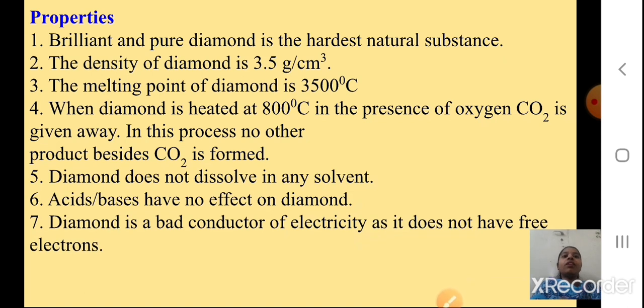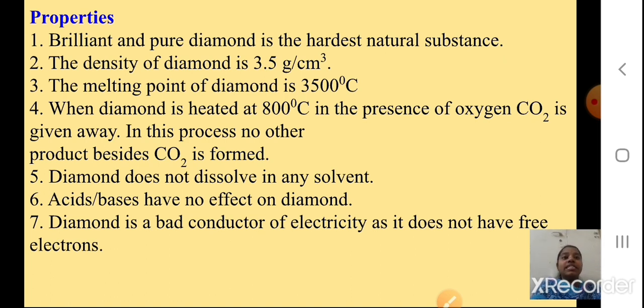So what are the properties of the diamond? Brilliant and pure diamond is the hardest natural substance. Remember, students, it is the brilliant and pure diamond. It is very hard to break. The density of diamond is 3.5 gram per centimeter cube. The melting point of diamond is 3500 degrees Celsius.